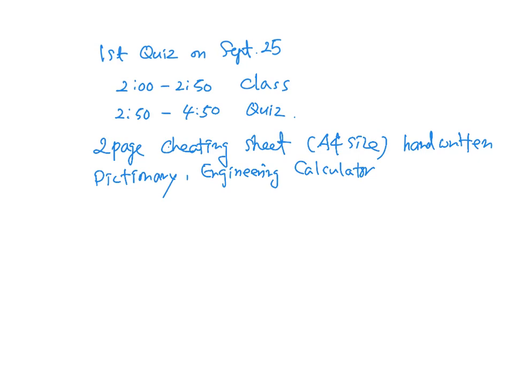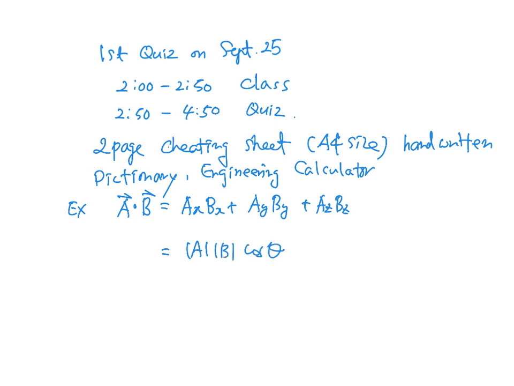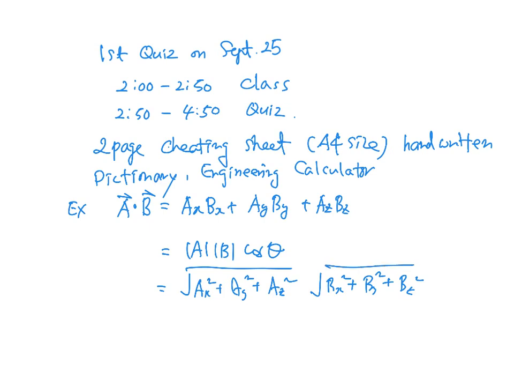You need to calculate the cosine, find the theta. For example, A dot B, AX BX plus AY BY plus AZ BZ is AB cosine theta, which is the square root of AX squared plus AY squared plus AZ squared, times BX squared plus BY squared plus BZ squared, and cosine theta.